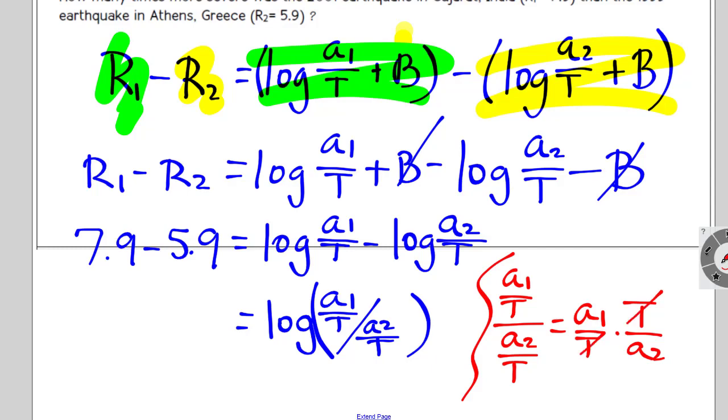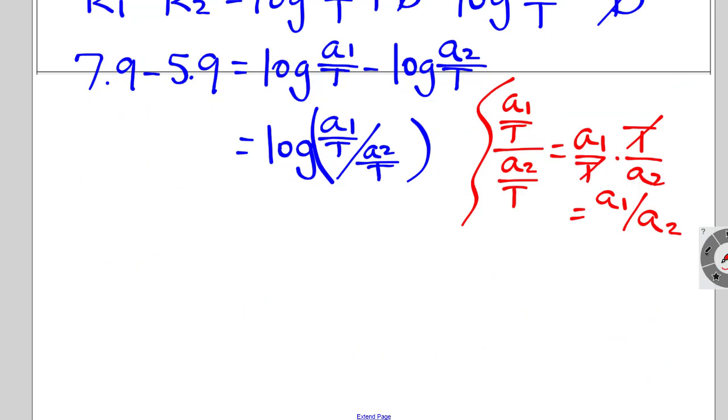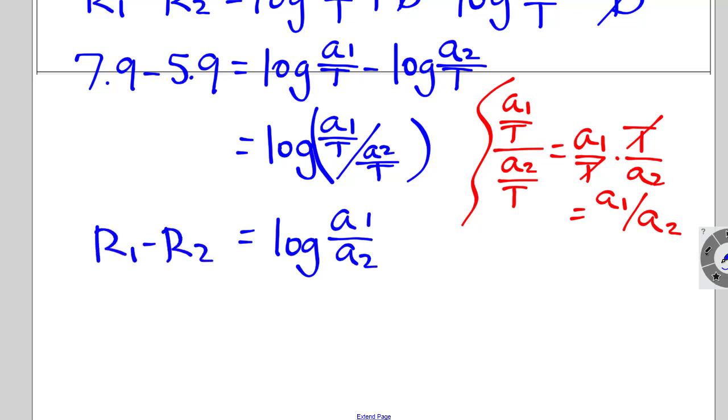The T's cancel, and so that leaves us with A1 over A2. So this is equal to log of A1 over A2. In fact, for our purposes, we can reduce this to R1 minus R2 is equal to log of A1 over A2.